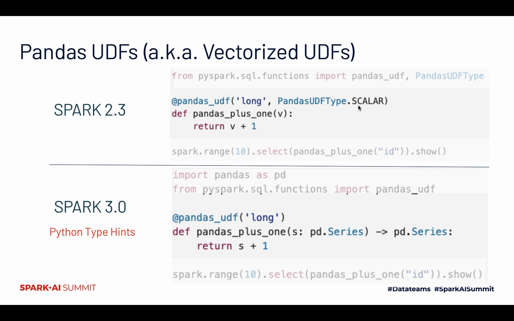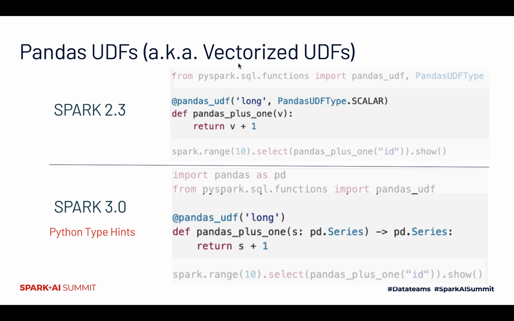We provided this type of information inside of the annotations so that we could have a UDF that used the underlying vector compute engine of Pandas. In fact, they used to be called, or we still technically call them, vectorized UDFs.